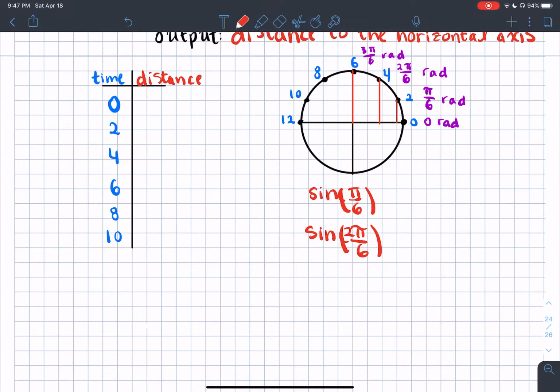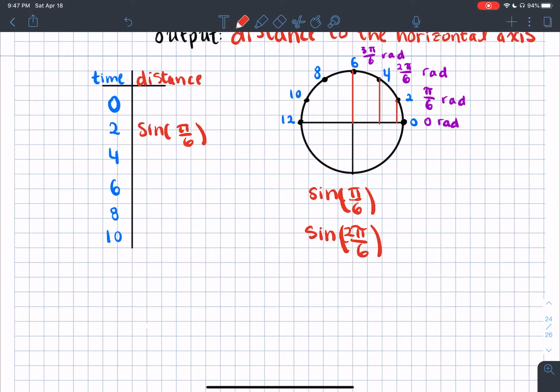Now that you thought about it, let's talk about it. We can use the same type of idea where the height has to do with sine of the angle. The angle at 2 seconds is pi over 6, so we're doing sine of pi over 6.